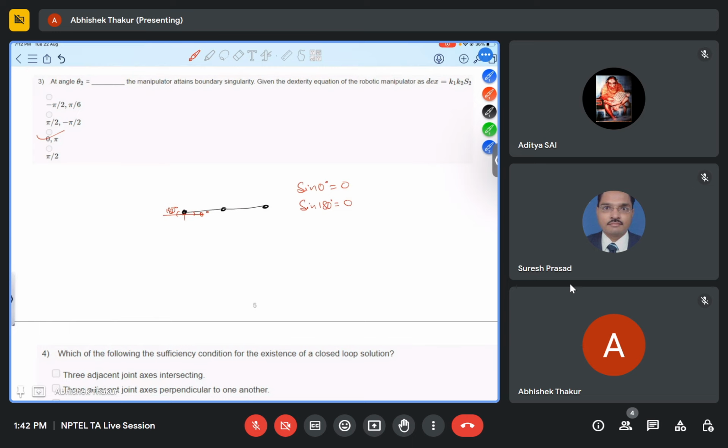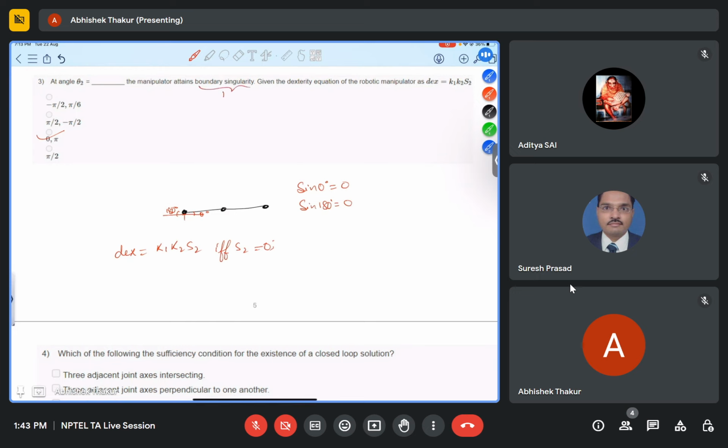Generally, the dexterity value is given as K1, K2, S2 in this question. So if S2 is equal to 0, then it will attain the boundary singularity.